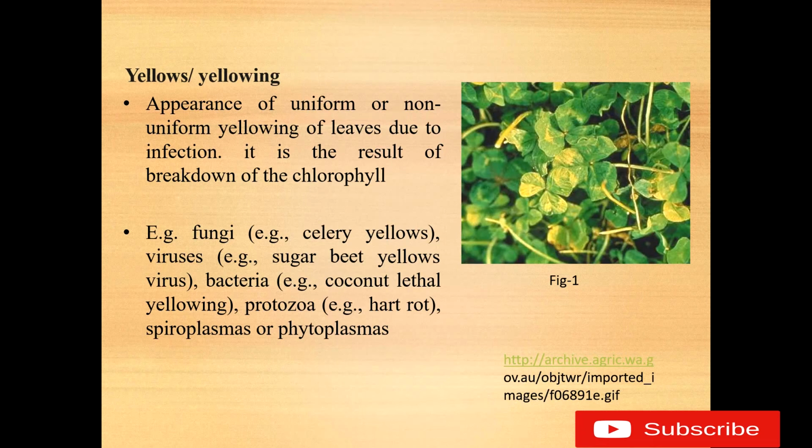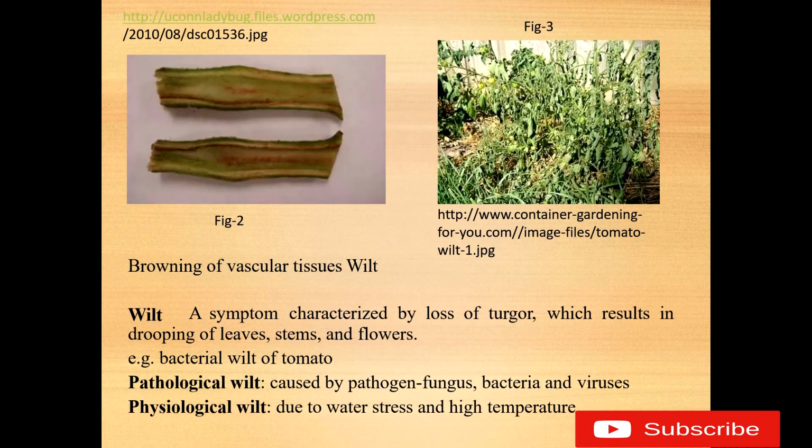Once the breakdown of chlorophyll occurs, it causes yellowing of the leaves. Examples are fungal diseases, virus diseases, bacteria, protozoa, whatever it is, which may cause the yellowing of leaves. That is the first symptom.